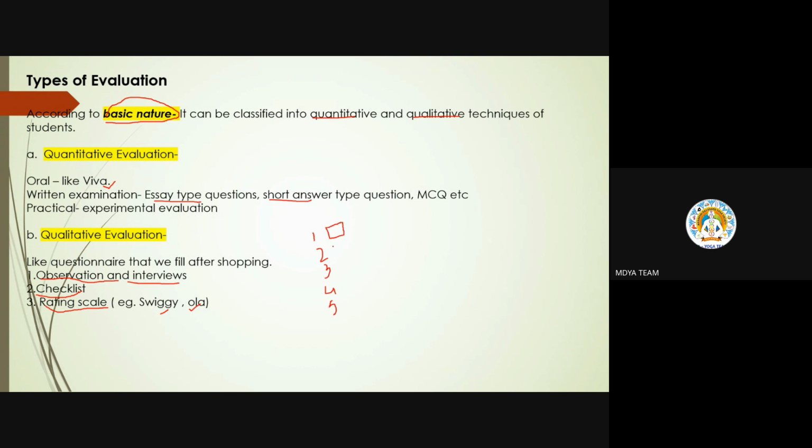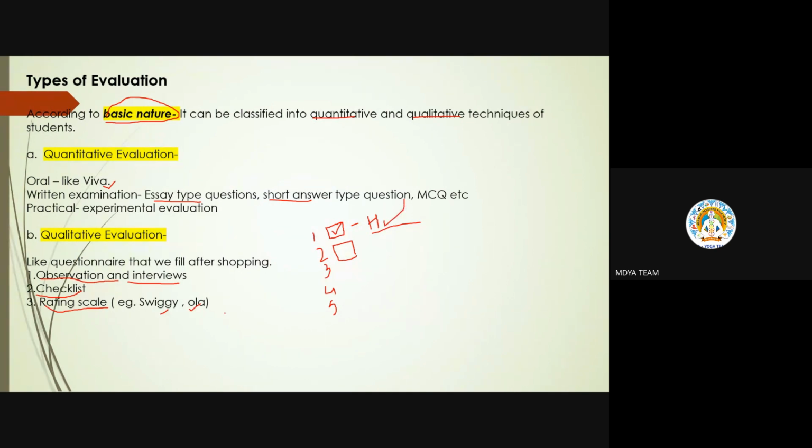Suppose we have prepared a question: would you like to pick up things that are lying on your desk? If the candidate answers yes or no, and it is associated with something like honesty, then in the checklist we check honesty, that the candidate has the quality of honesty.